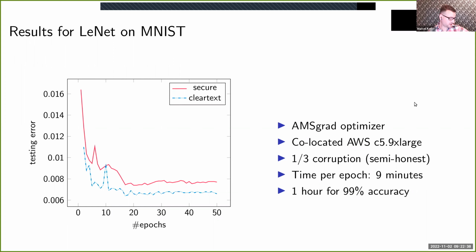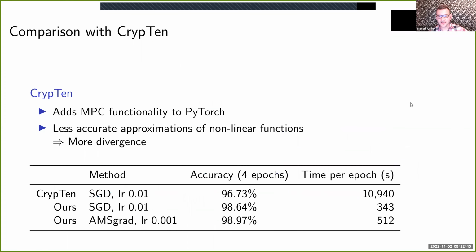Okay, I only have a couple of slides left. Here is a comparison to some prior work in that space, because obviously I'm not the first one implementing this. One particular framework that has made a bit of waves is CrypTen by Facebook Research.